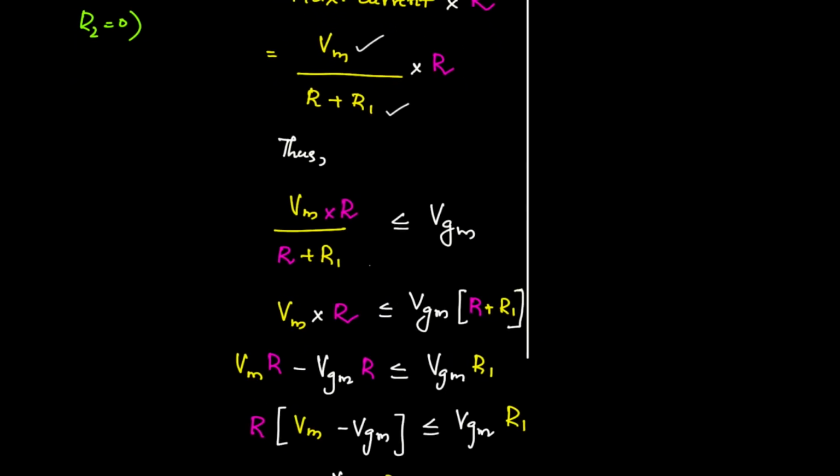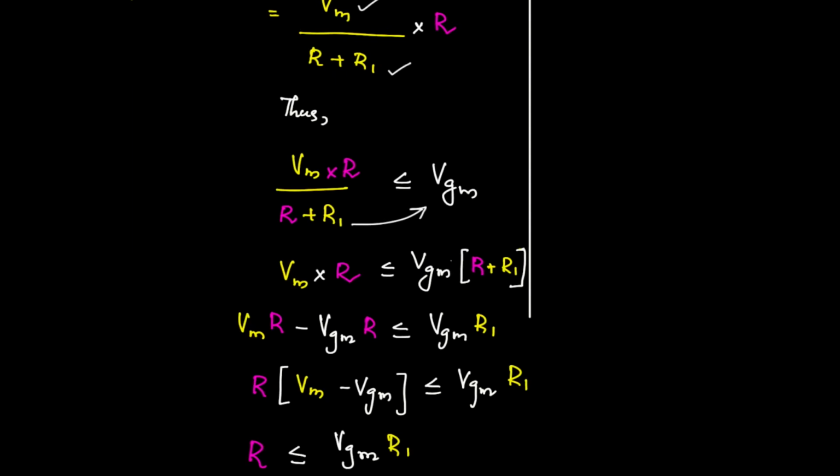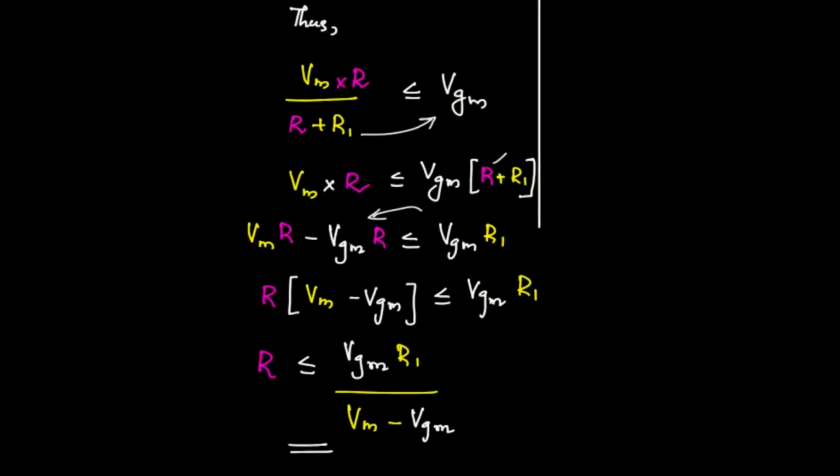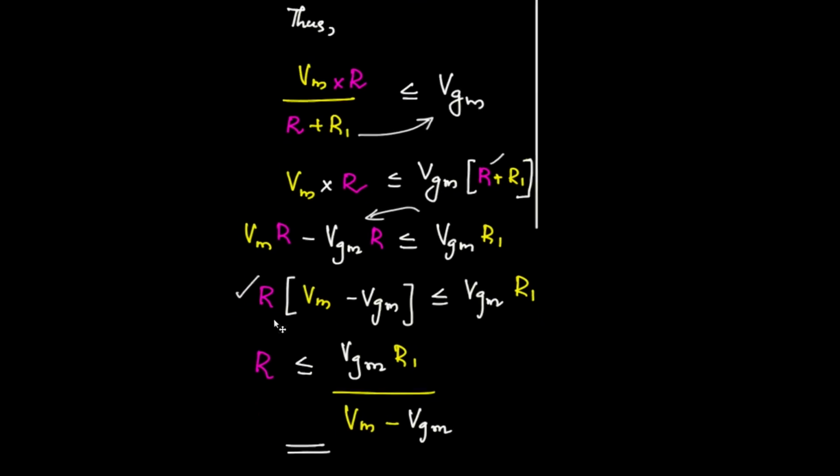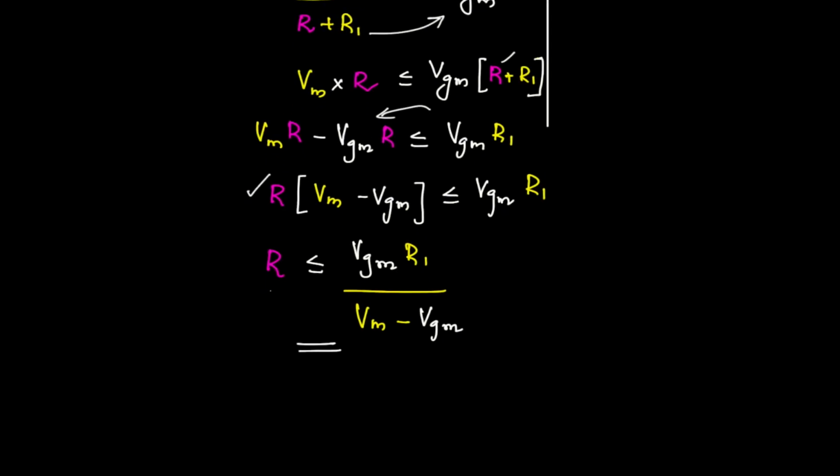Now on rearranging, what we did was that we took this to the other side. Then we collected the parts where resistance R is common. So we took Vgm into R to this side, and then we took out R as common, and finally by solving this we get that the resistance value R, that is the stabilizing resistance R, should be less than Vgm into R1 divided by Vm minus Vgm.